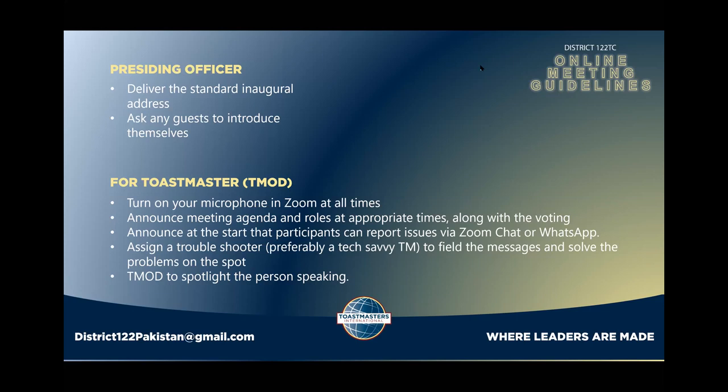So the voting mechanism will have to be defined, because it can be online voting, it can be WhatsApp voting. It's your choice, but in my experience, and we already implemented that in Karachi Toastmasters Club since 5 or 6 months, we have enabled online voting.